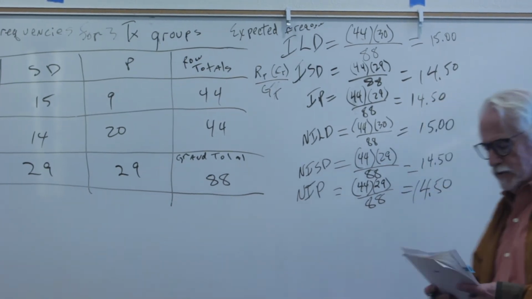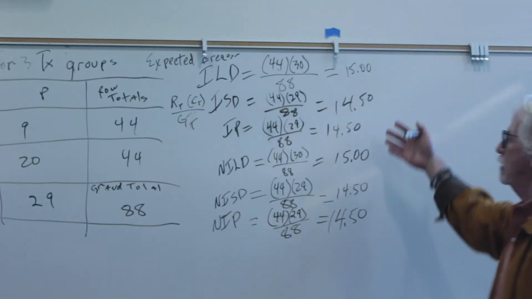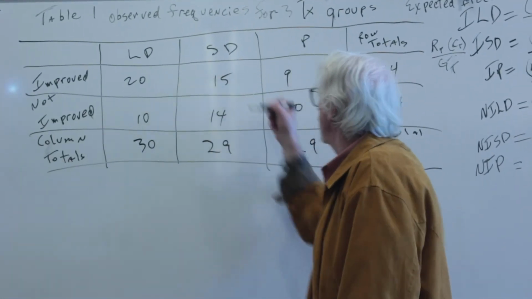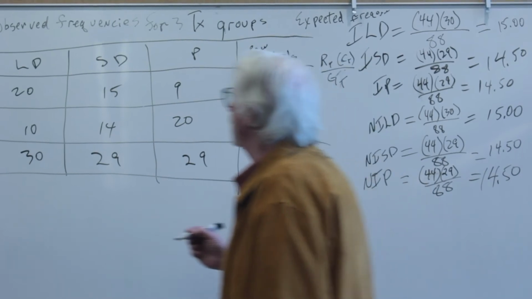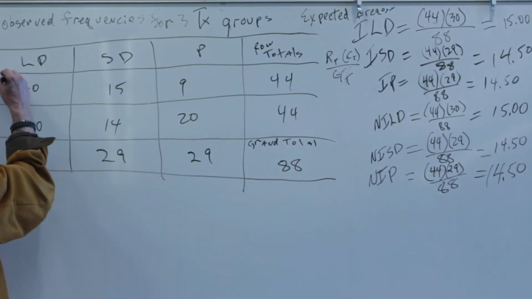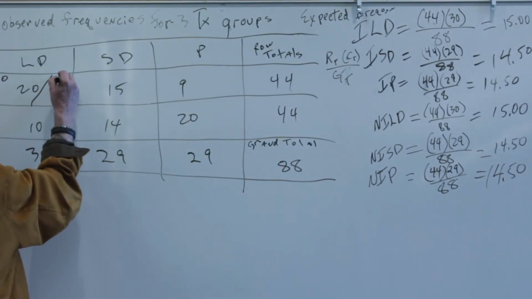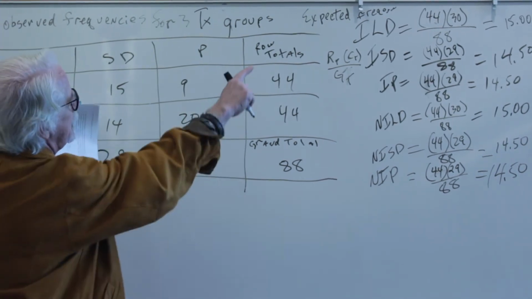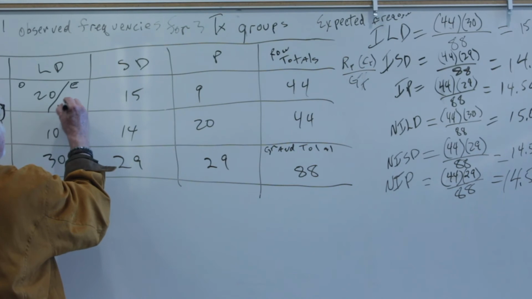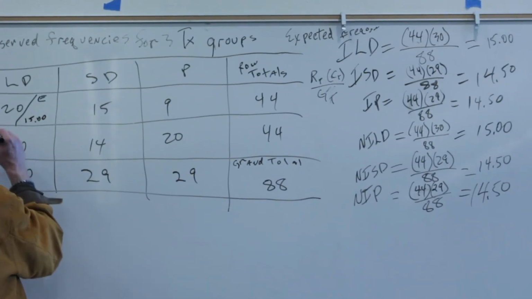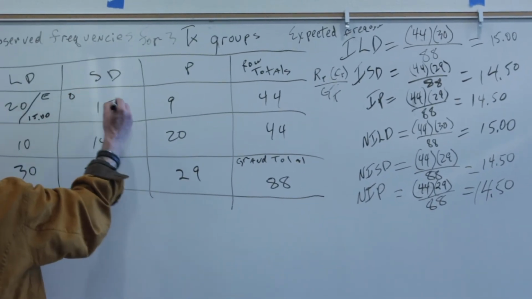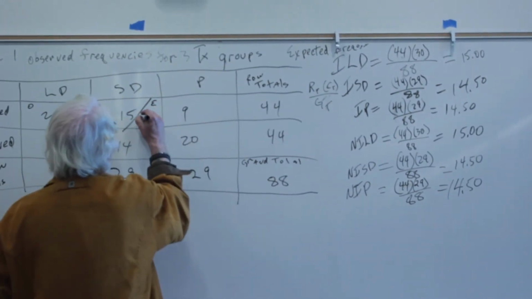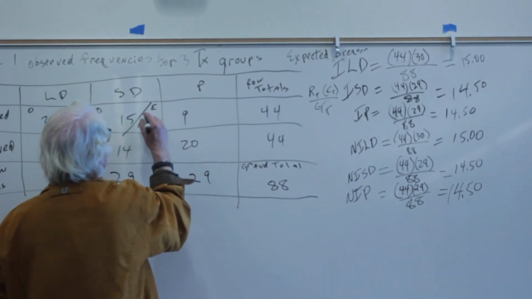So these are our expected frequencies for every column. Here's our observed, and this in turn would be our expected. My expected frequency for the improved large dose is 15, and I can do the same for every box. Here it's 14.50.